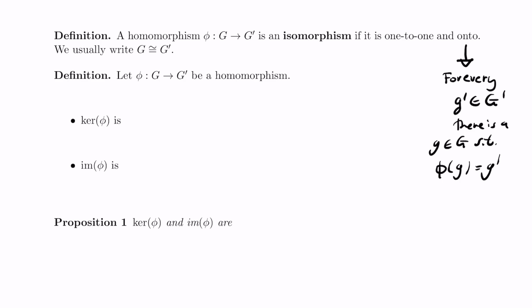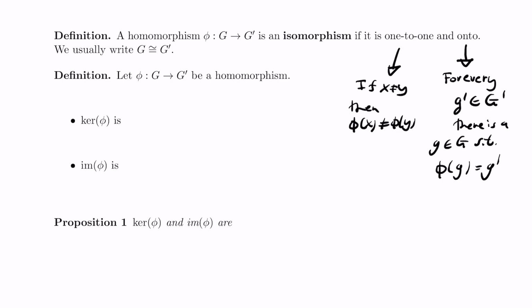Now, one-to-one means that you can't have two different inputs mapping to the same output. So I'll word that as: if x and y are different, then phi of x and phi of y have to be different.